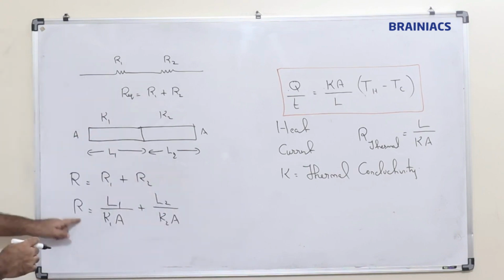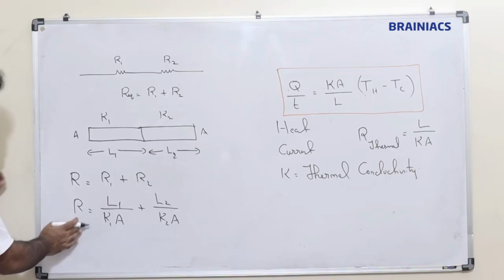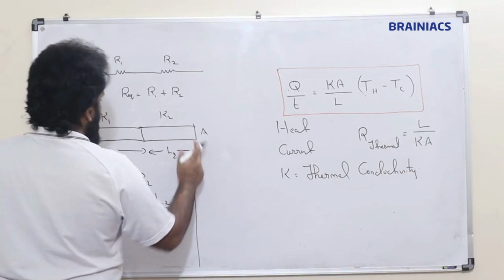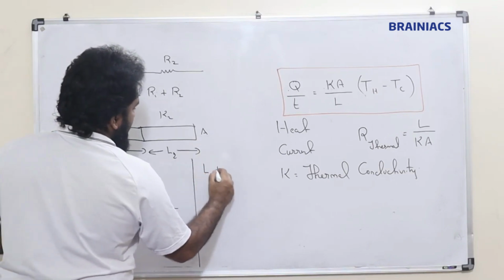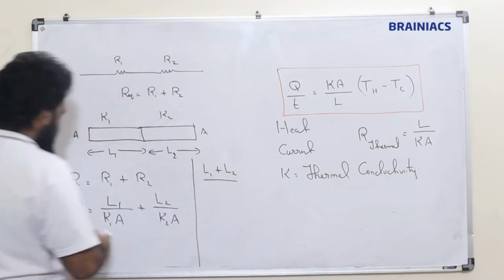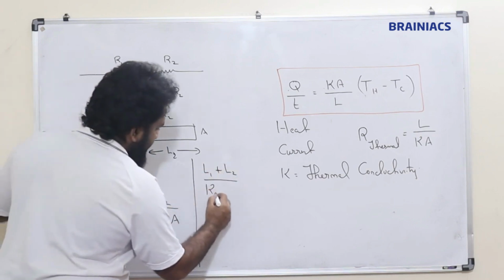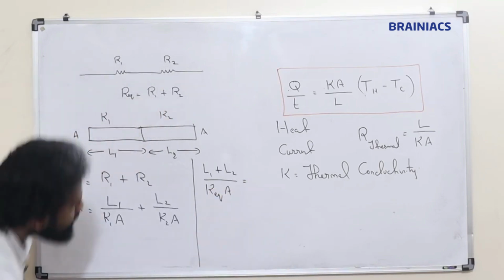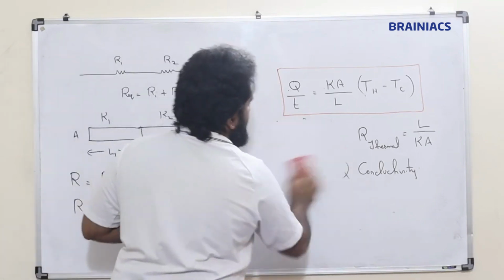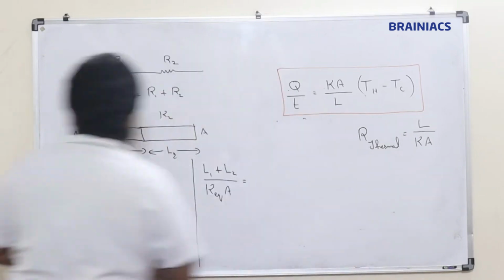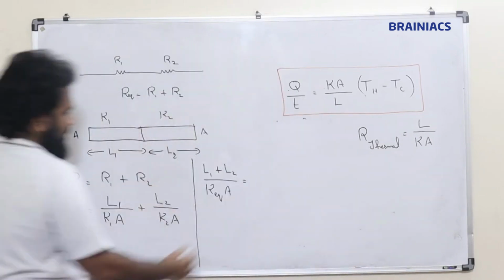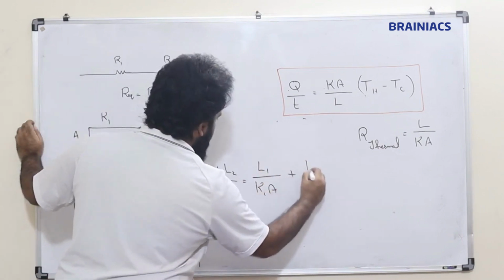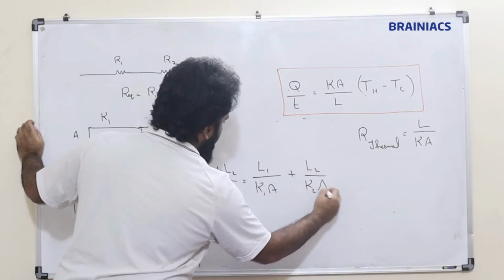Okay, so what about the resistance on this side? The total resistance is L1 plus L2 divided by K equivalent into A. We substitute this with L1 divided by K1A plus L2 divided by K2A.